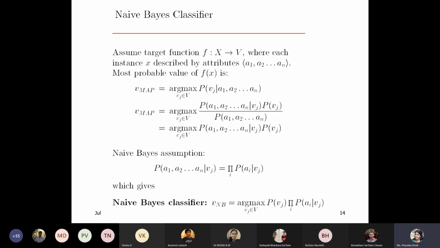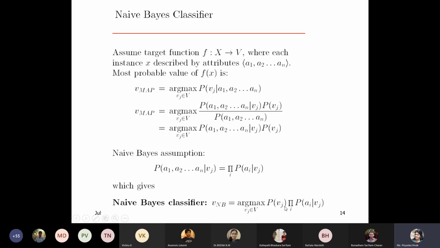We assume that given the class value or the class label, the attributes are independent of each other. Okay, so now since we have made that assumption, our classifier looks like V NB, that is our output value, the target value using our Naive Bayes classifier, is argmax of P of Vj into pi over i of P of Ai given Vj, that is, the conditional probability for all our attributes for that particular class. We'll see the example anyways.